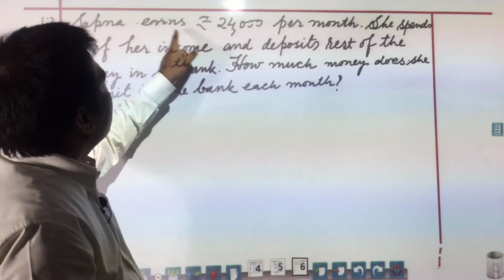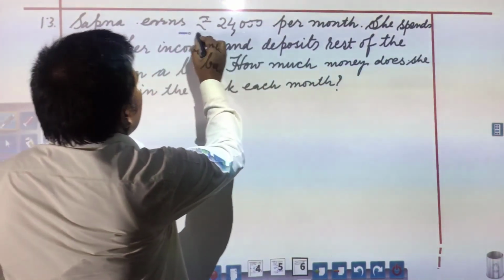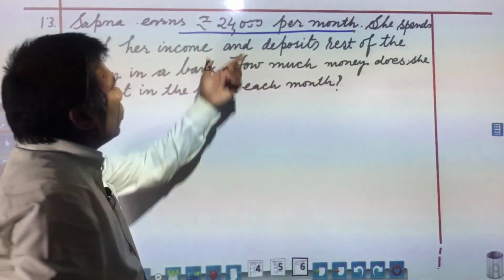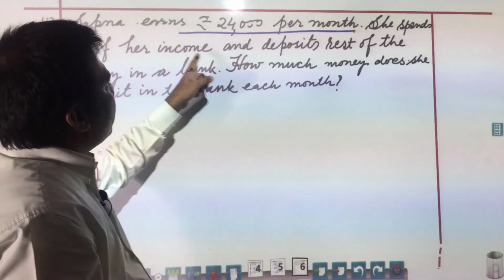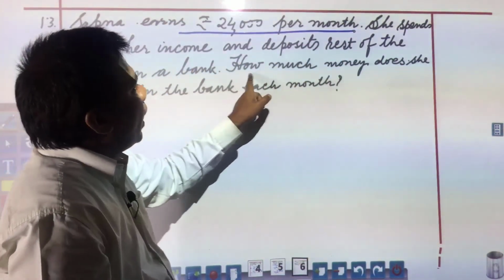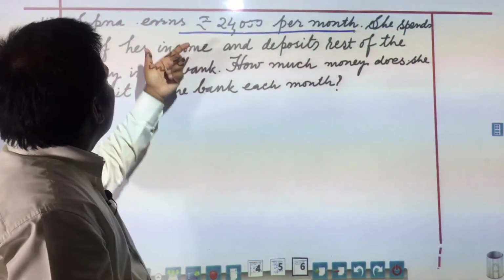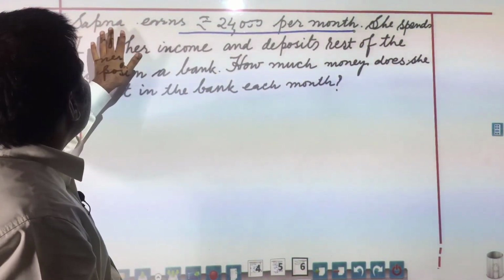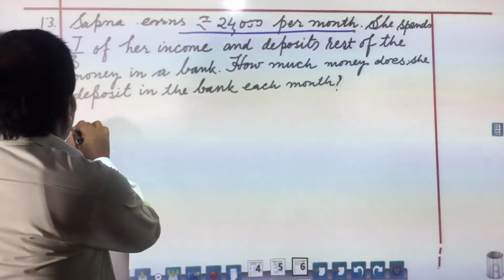Sapna earns rupees 24,000 per month. In 1 month Sapna is earning 24,000 rupees. She spends 7/8 of her income and deposits the rest of the money in a bank. How much money does she deposit in the bank each month? So, very easy question is there. How will we solve?